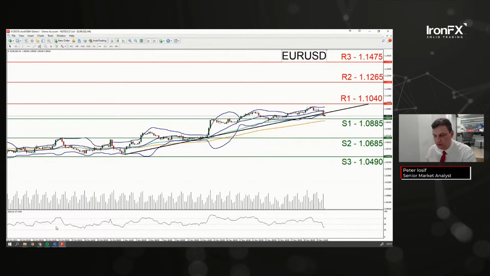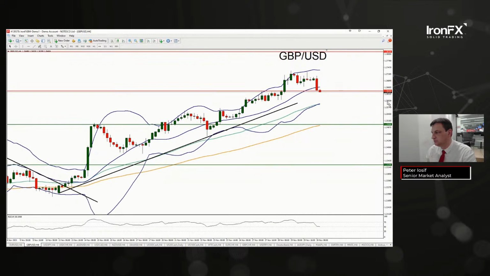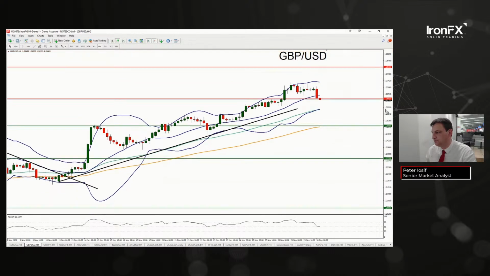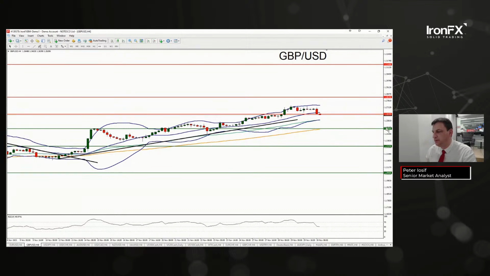Okay, let's have a look at GBP/USD. Now, GBP/USD had an interesting movement as well, and seems about to breach the upward trend line guiding it also.